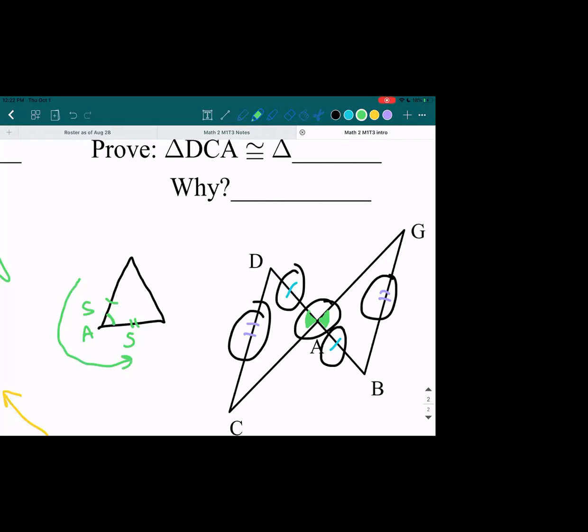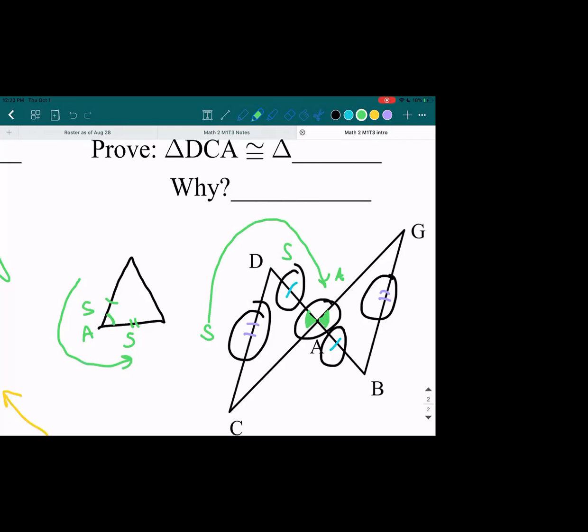In our example, you start with a side, skip this angle, then get another side, and the last thing is an angle, so it's SSA.